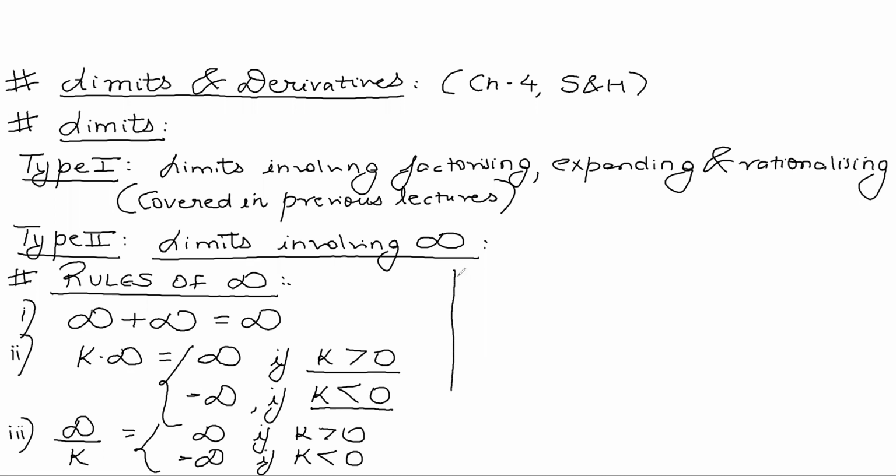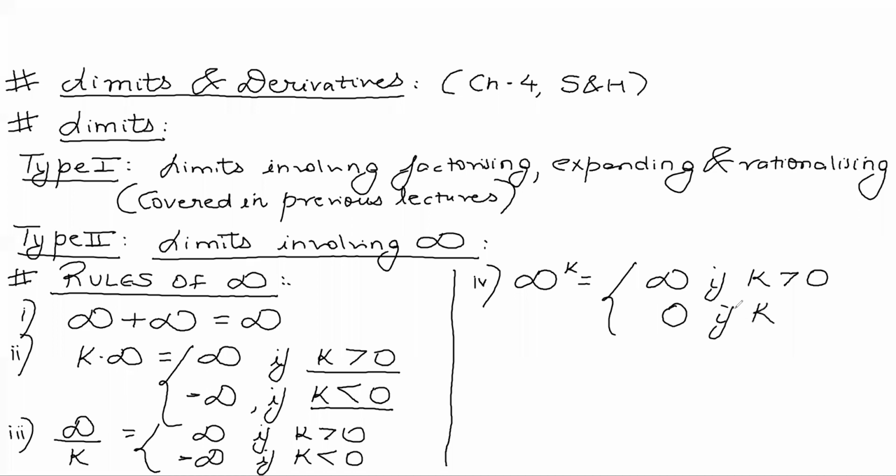Then the fourth rule: infinity to the power k is equal to infinity if k is positive, and 0 if k is negative. You raise infinity to a positive power, it will be equal to infinity. You raise infinity to a negative power, it will be equal to 0.